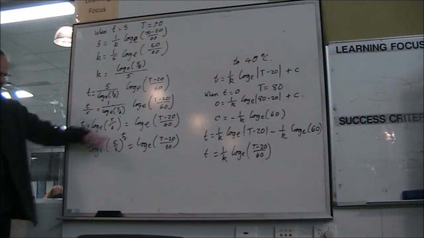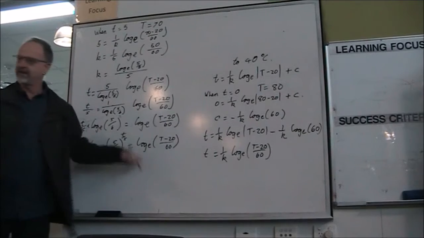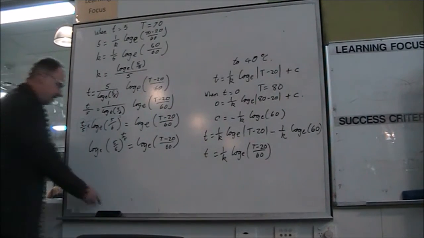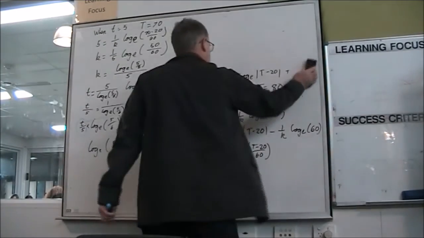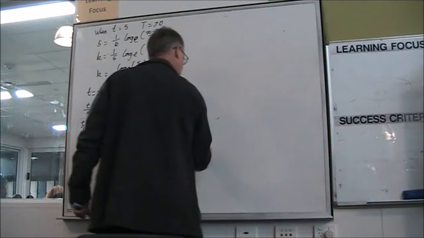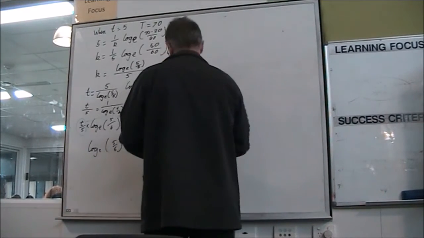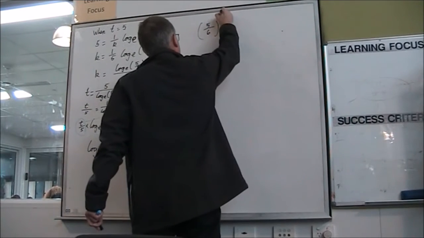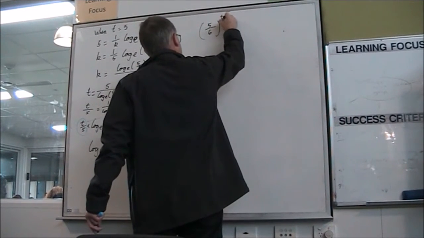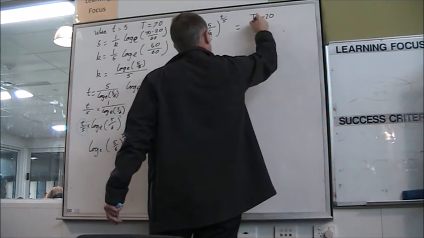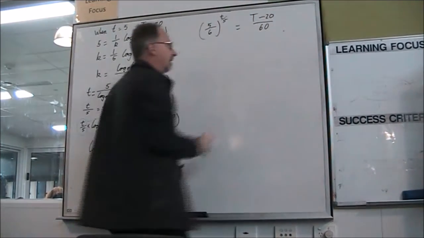Log to the base e of this stuff, log to the base e of that stuff, and so what that means then is that 5/6 to the power of t on 5 has got to equal temperature minus 20 over 60.